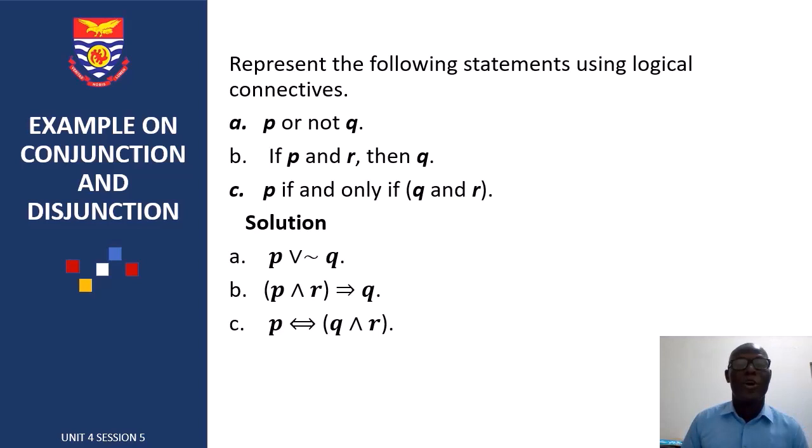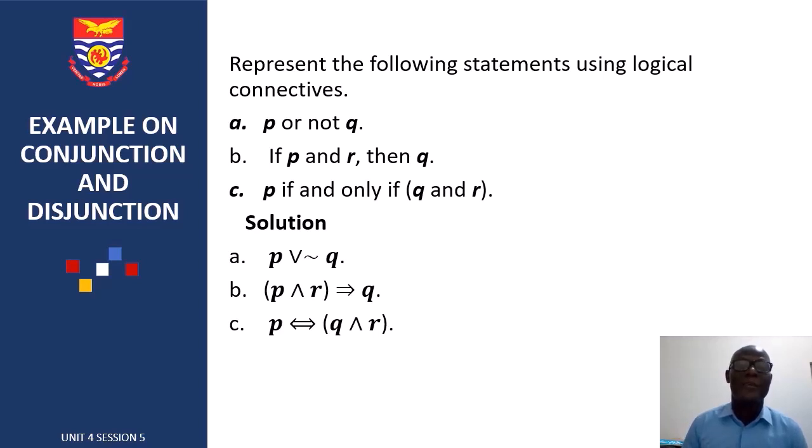A, P or not Q. B, if P and R, then Q. C, P if and only if Q and R. Now for A, in place of or, we use the disjunction symbol, that is P disjunction, the negation of Q.